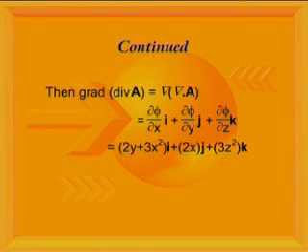So the gradient of divergence of A is equal to del of del dot A, and that is partial derivative of this function with respect to x will be the ith component, and partial derivative of this scalar function with respect to y will be the jth component, and partial derivative of this function with respect to z will be the kth component, and therefore this is equal to (2y + 3x^2) ith component, 2x jth component, and 3z^2 k, that is kth component.